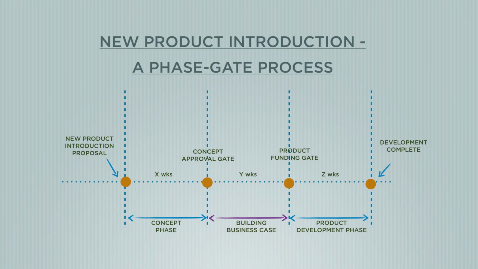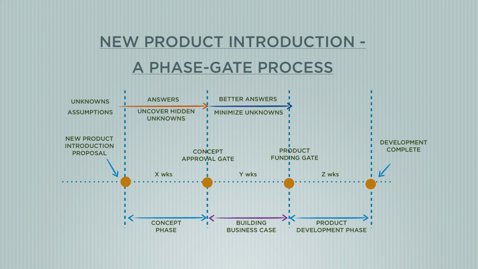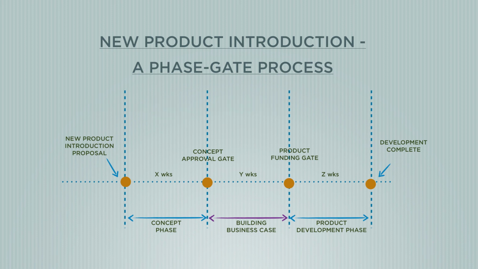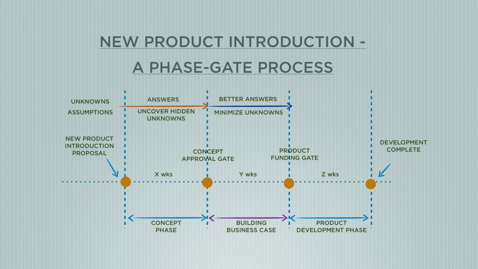That's what the new product introduction flow is all about. As I show you in the graphic here, there is a concept phase, and there is a business case building phase, and then after you go through those phases, if everything goes well, the product development will start.